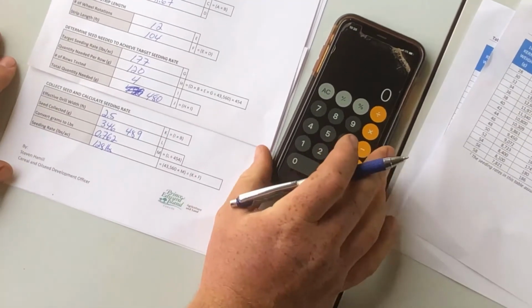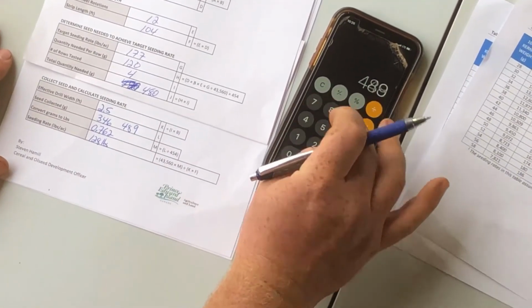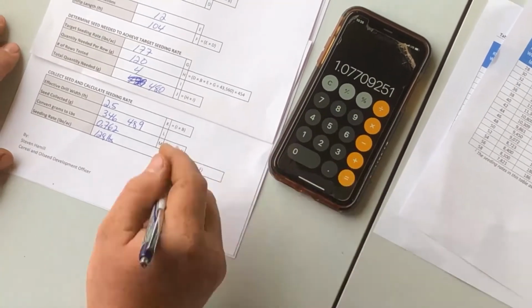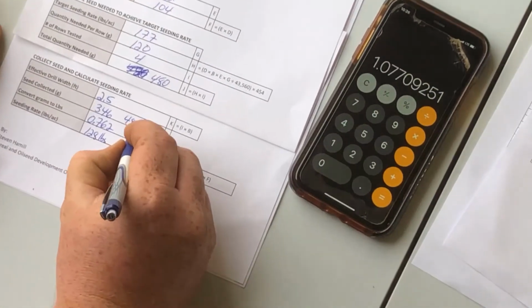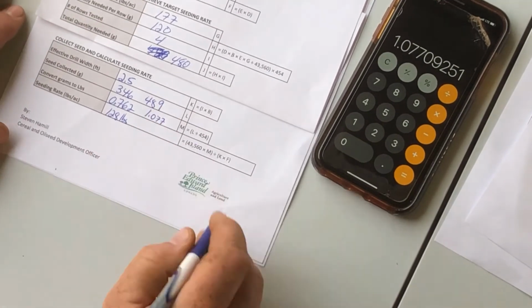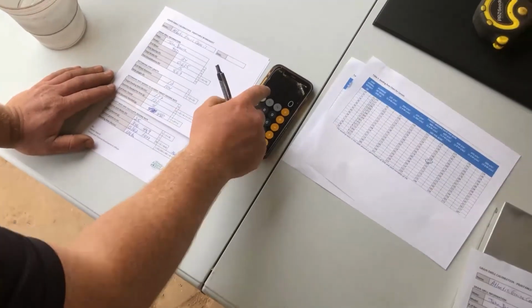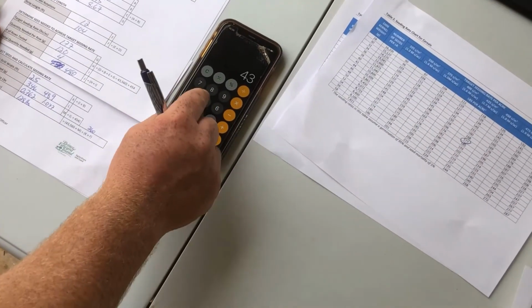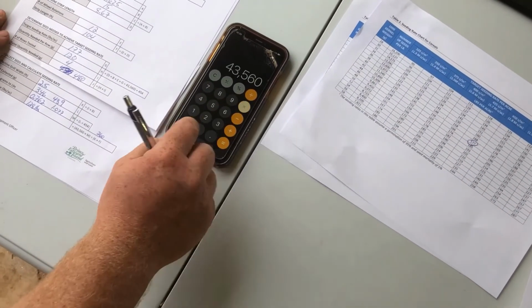So we want to convert that to pounds. 489 divided by 454 is 1.077 pounds. So then we'll take that weight in pounds and multiply by 43,560.